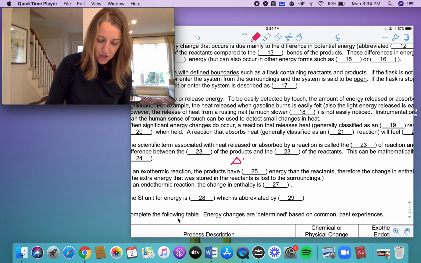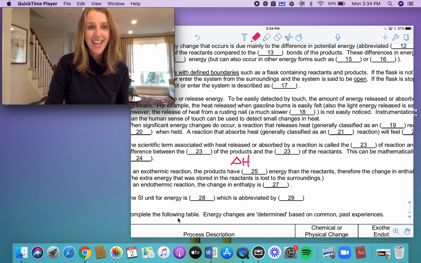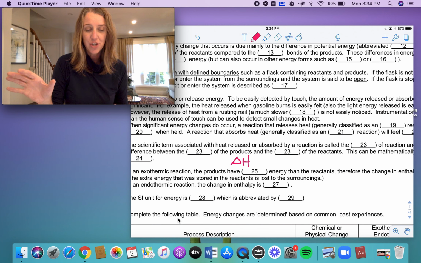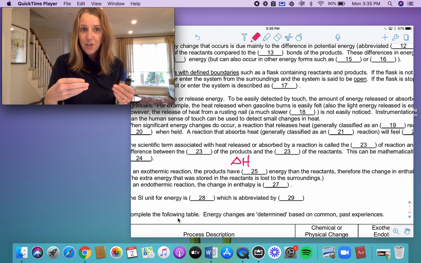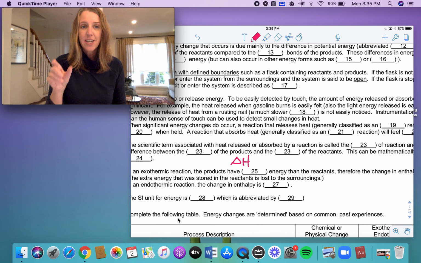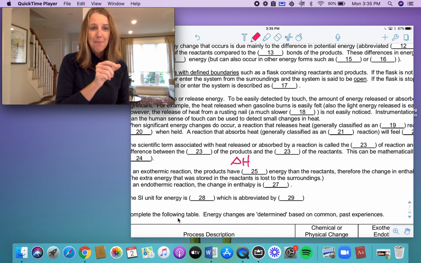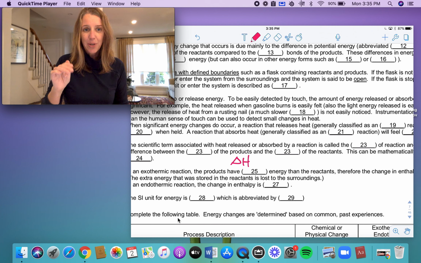So our change in enthalpy, our delta H for any given chemical equation, how do you figure that out for the total chemical equation? You're going to take the amount of energy in the products, subtract that from the amount of energy in the reactants. It will give you a value. If the value is positive, then your thermochemical equation is endothermic.